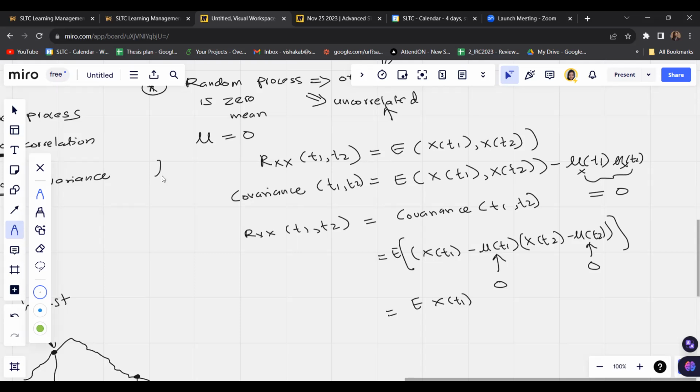Apart from that, if the process is 0 mean, the product between the expectations is also equal to 0.